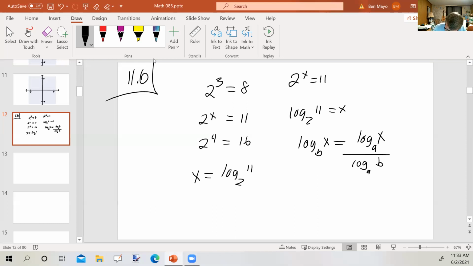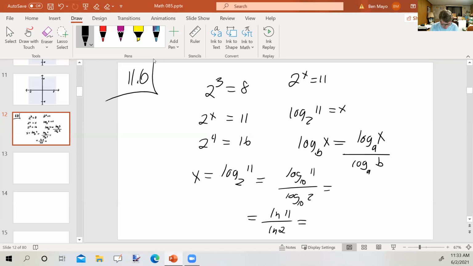So for instance, this problem could be written as log base 10 of 11 over log base 10 of 2. Now, I don't need to write the tens there, but I just wanted to emphasize I could write it that way. Or I could write it as the natural log of 11 over the natural log of 2. I'll get the same answer either way, but you don't want to have one of them base 10 and one of them base e. Both the log on top and bottom have to be the same. So let's see here on our calculator.